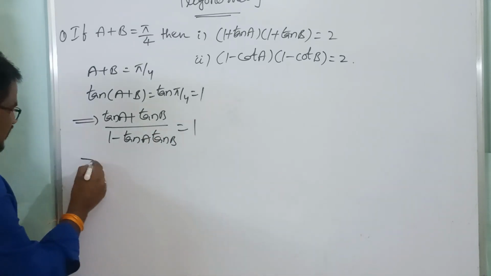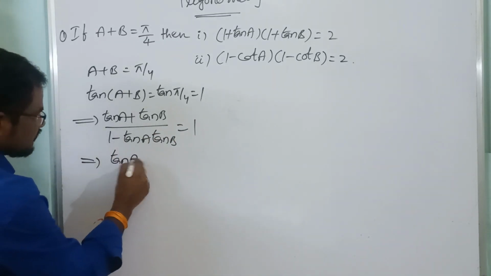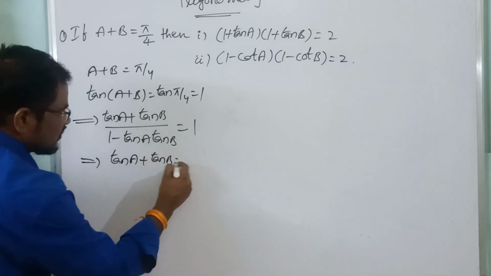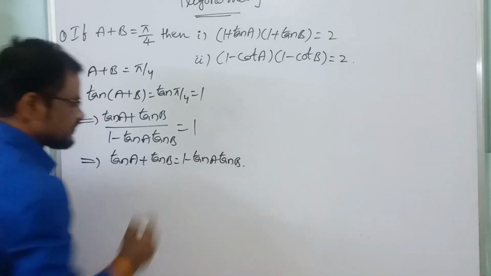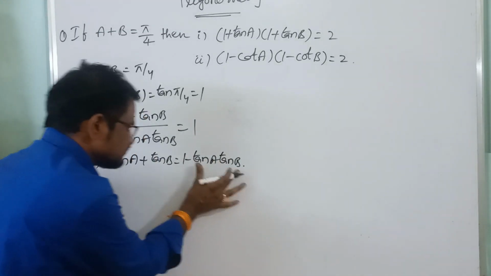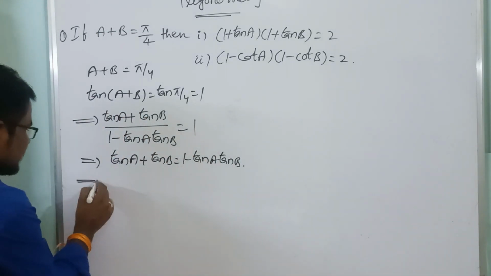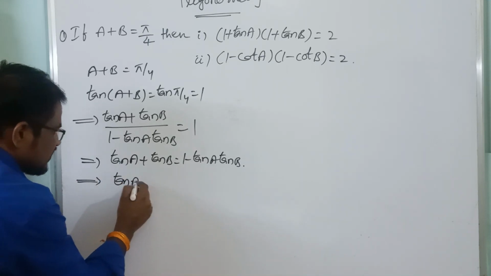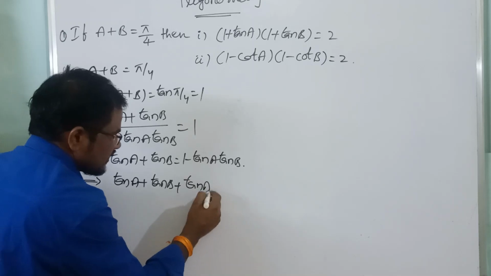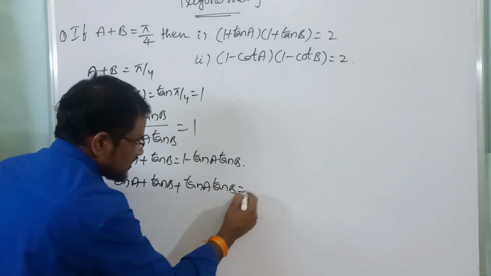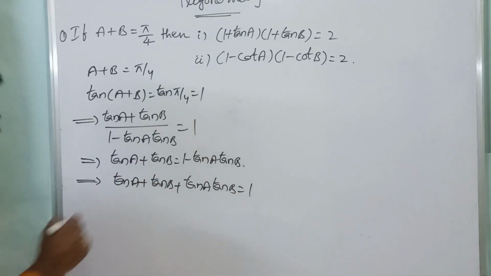Cross multiplication: tan a plus tan b equals 1 minus tan a into tan b. Bring this minus term to this side. So we get tan a plus tan b plus tan a into tan b equals 1.